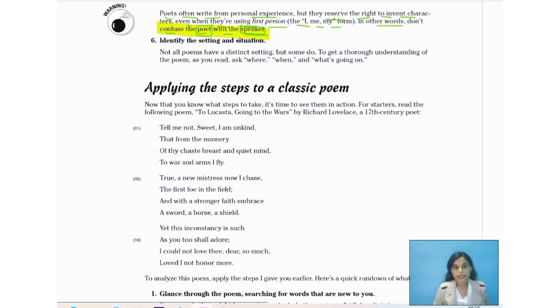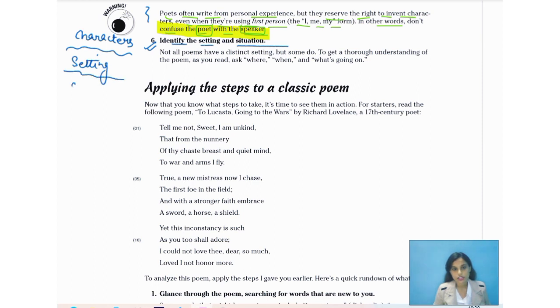The next rule that you would be following is to identify the setting and the situation. So previously we have come to know about the characters of the poem. To ask them who are they, then we'll get an answer. Now we are coming towards the setting and the situation. Okay, setting of the poem and the situation of the poem.